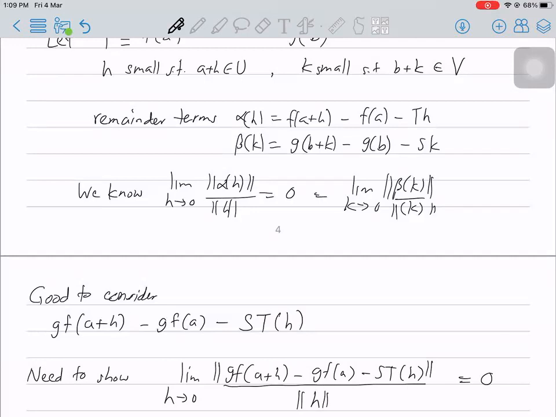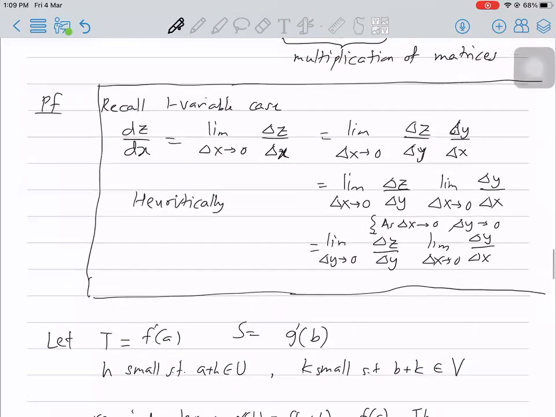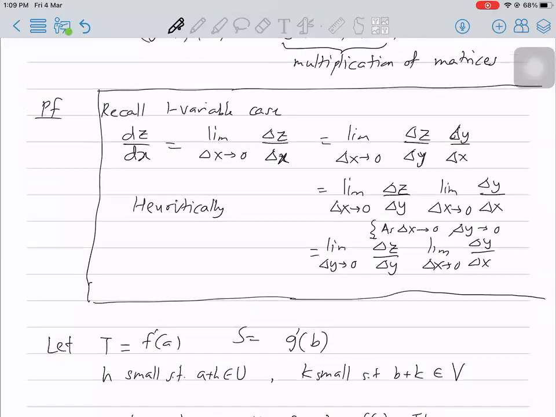Notice I only have h over here. I don't have any k anywhere. Do you think there should be a good k to consider? Again, look over here. When I wrote delta x, there was a corresponding delta y, right? So the t of h, can you consider?